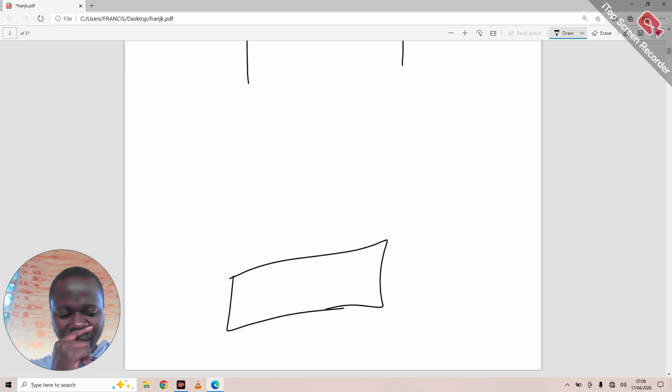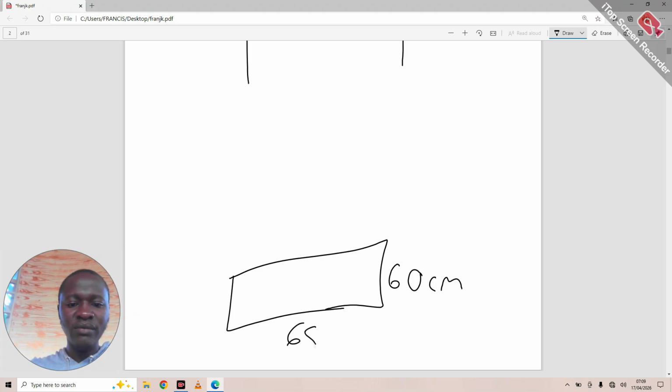Let me repeat the question. The width of a rectangle is 60 centimeter, and the length is 65 centimeter. This one, the width, is exact.